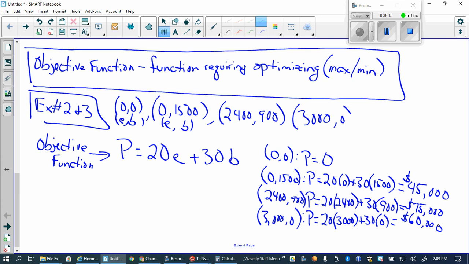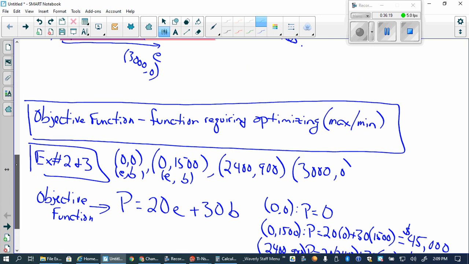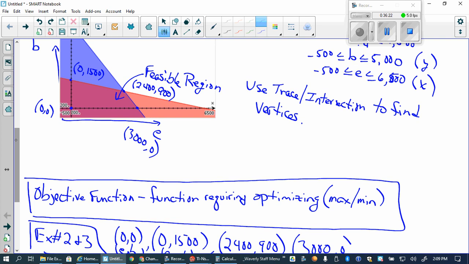It puts you right up against the edge of all those constraints. That makes sense? Like, it can't just be somewhere along this side of the quadrilateral, right? Because you're not up against the edge of both constraints. You're up against only one of them. You're not making full use of the other one. So it won't be anywhere between the vertices.